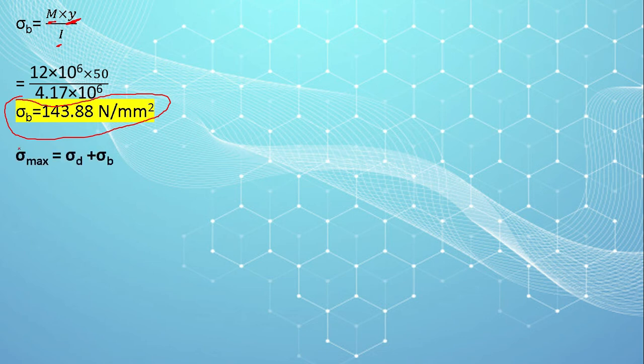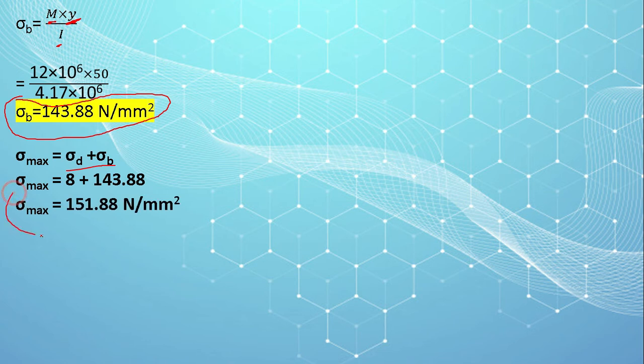Now we know the formula for sigma max. Sigma max is equal to direct stress plus bending stress. Put the values of direct stress and bending stress, 8 plus 143.88. Therefore maximum stress is 151.88 Newton per mm square. This is positive, therefore this stress is compressive.